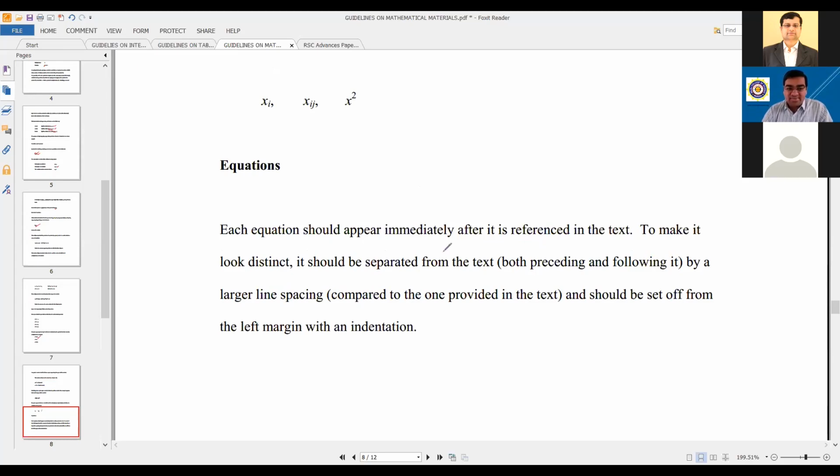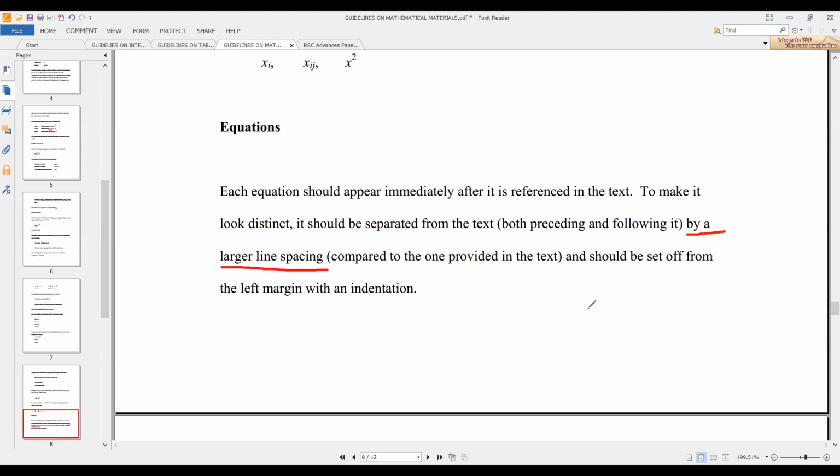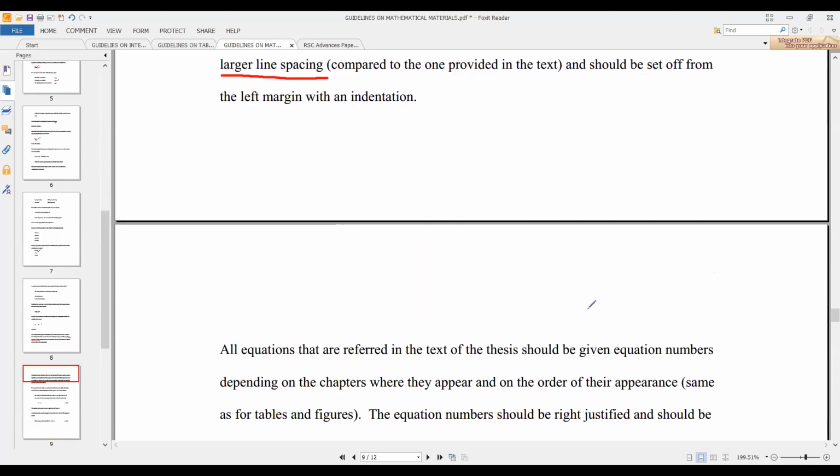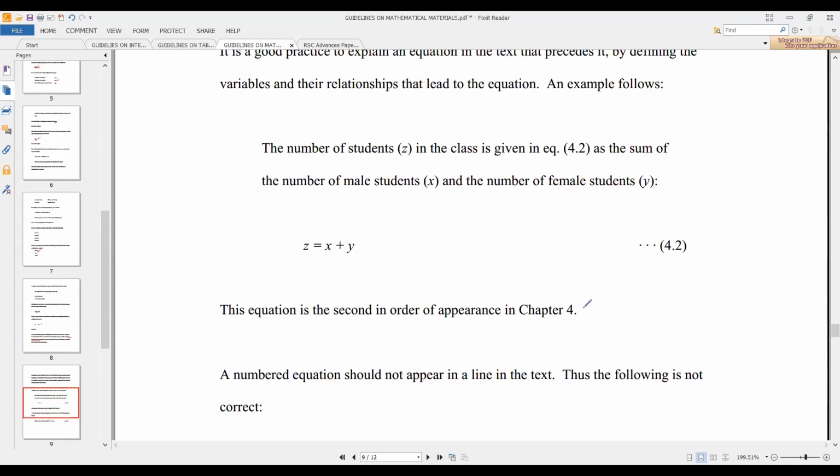To make it look distinct, it should be separated from the text, both preceding and following it, by a larger line spacing compared to the one provided in the text, and should be set off from the left margin with an indentation like this. So this is well separated.